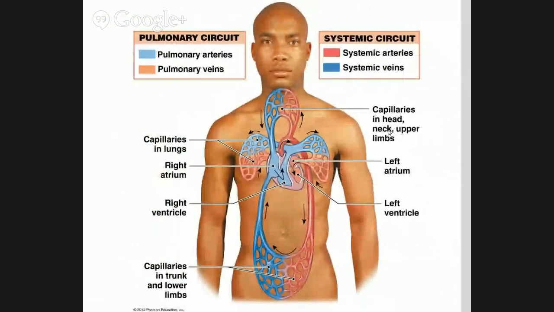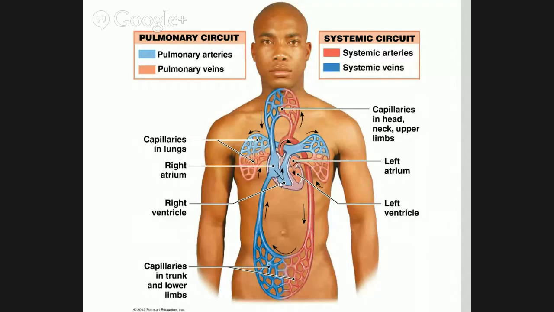So. Now this picture, and there's a similar picture in the book, is just showing you the circulation through the heart relative to all of the blood vessels out in the body. If we think about the direction that blood moves through the heart, the blood enters the right atrium from the vena cava, goes through the tricuspid valve into the right ventricle, and then through the pulmonary valve into the pulmonary trunk, and eventually to the lungs.